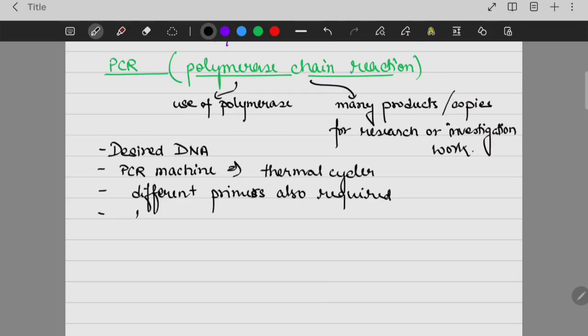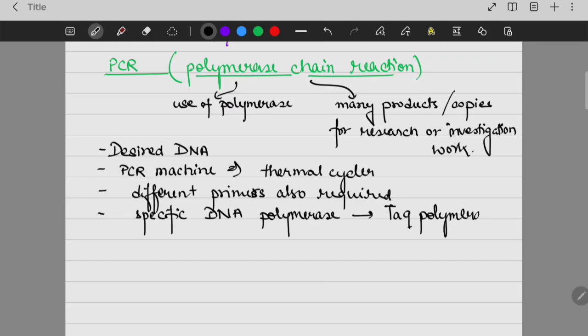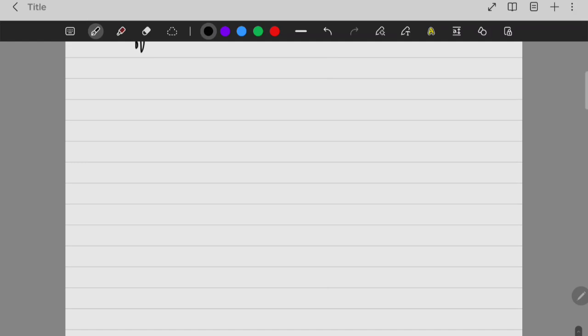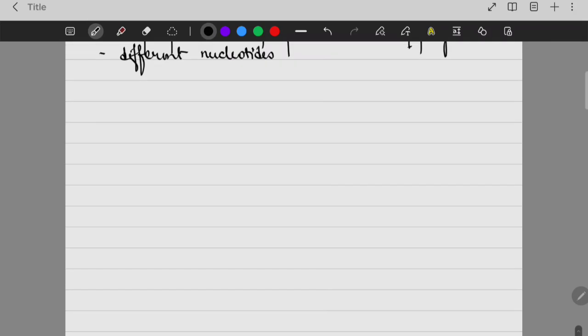Specific DNA polymerase, that is the Taq polymerase, is required. Taq means Thermus aquaticus. Why it is required, I will tell later. Taq polymerase and different nucleotides are required.